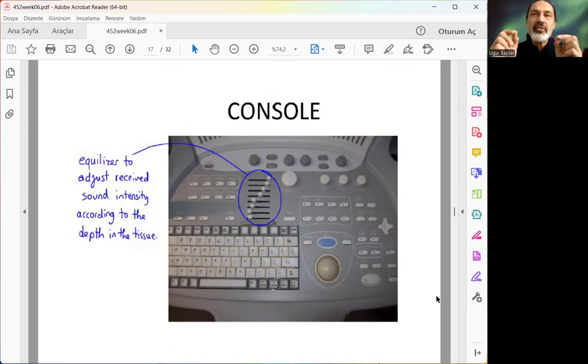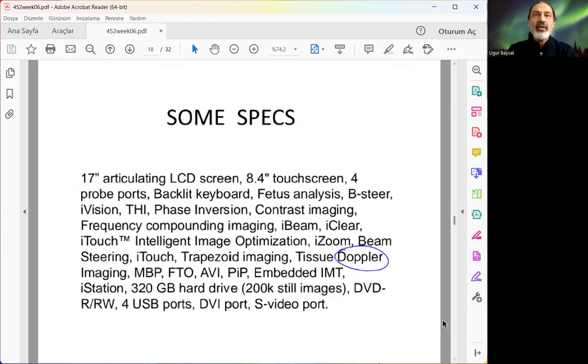For example, you can measure the distance between 2 points on the image to get an idea of the dimensions, volumes, or surface areas of a certain lesion or organ for medical diagnosis purposes. So these controls are also embedded in the big keyboard console of the equipment.